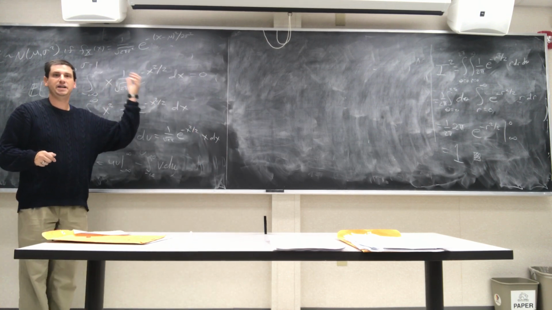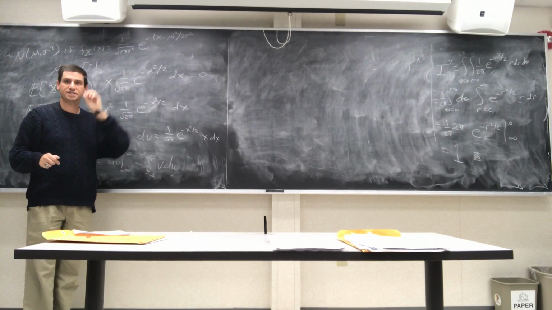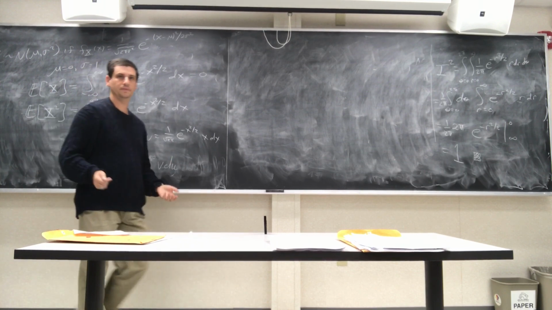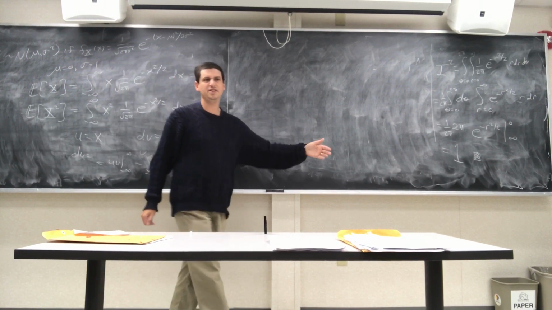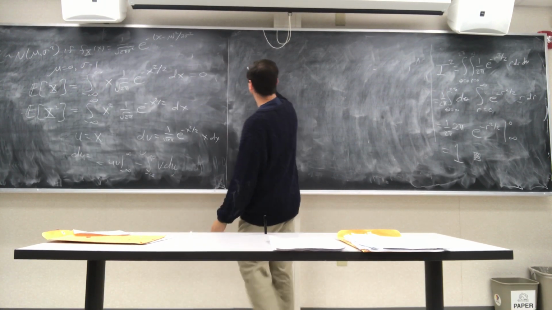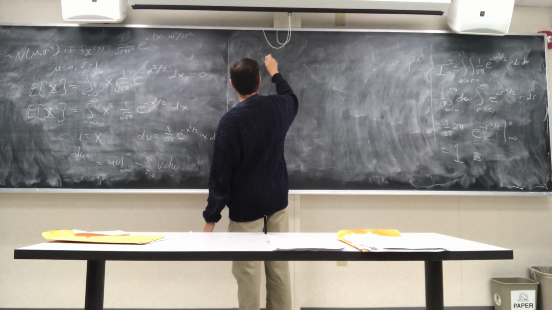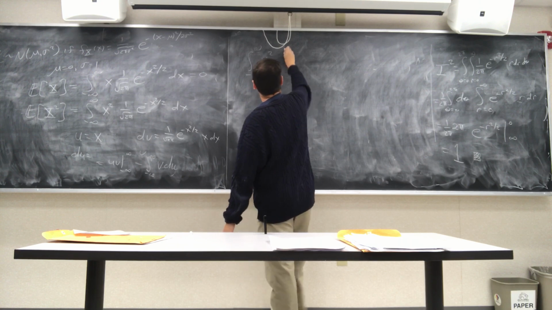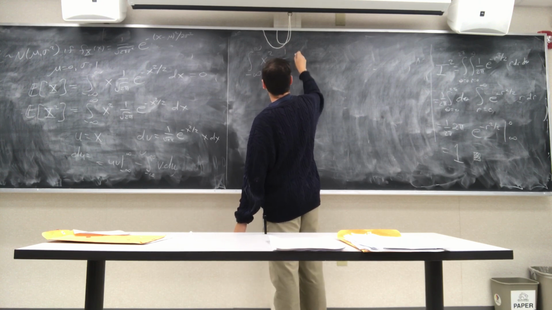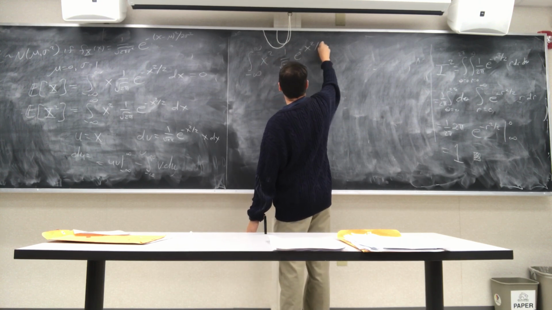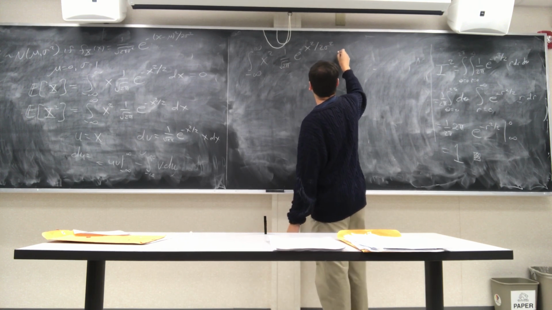Rather than trying to find the variance of the standard normal, let's find all of them. The mean is no problem. It's just translating everything as a change of variables. So let's consider the integral from minus infinity to infinity of x squared 1 over square root of 2 pi e to the negative x squared over 2 sigma squared dx.